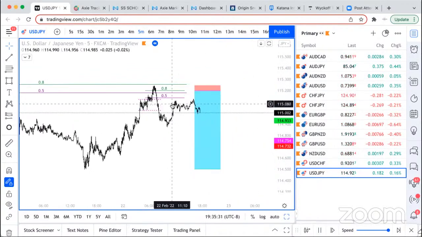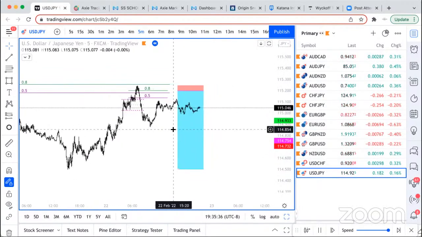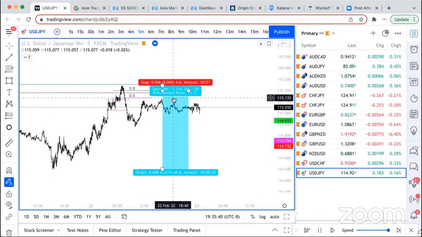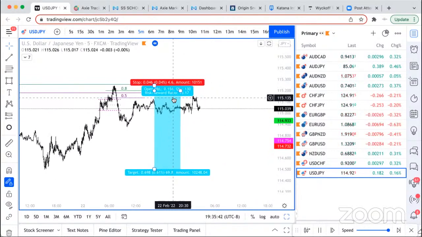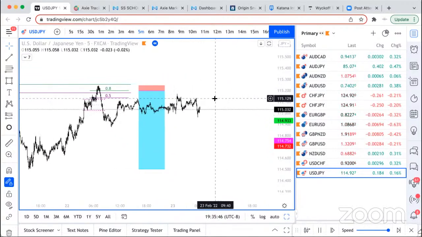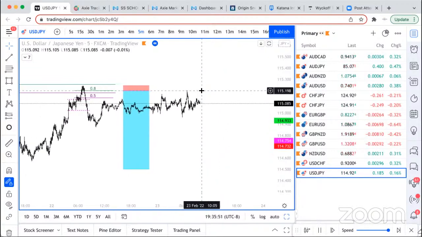And it looks like price is building a schematic here, right? Yeah, it's coming to 50. She just missed 50%. Well, she's tapped in now. She has indeed tapped in now. And it looks like our 80% was just barely tapped in as well.